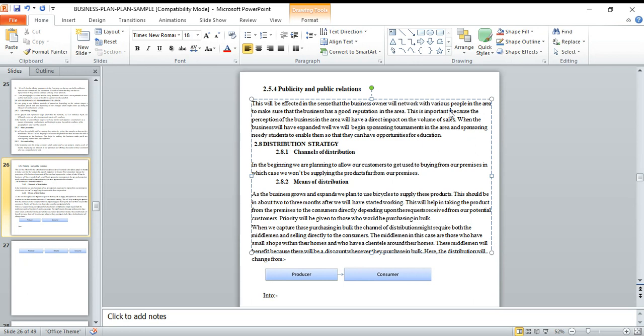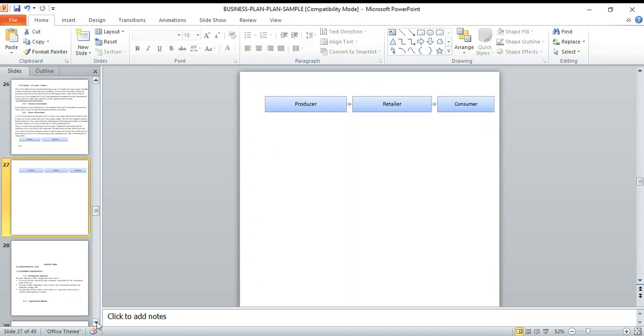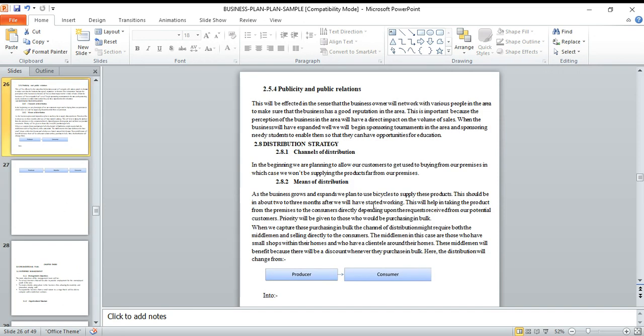So finally, under the marketing plan, we should have what you call the distribution strategy. What is the distribution strategy that we will use in this type of business? So we are looking at the channels of distribution and the means of distribution.